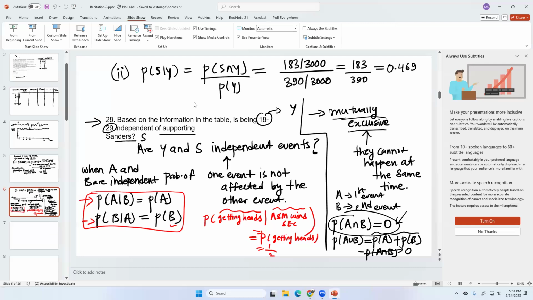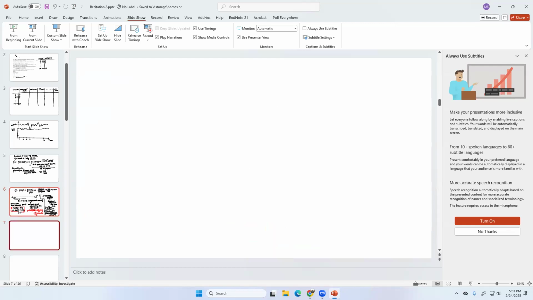So how would you check for this? Are Y and S independent? If Y and S are independent, what happens?